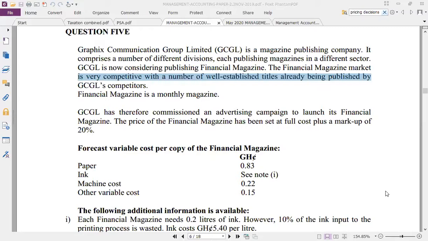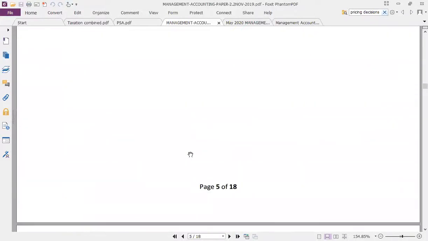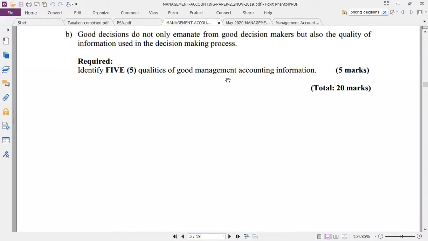Then it also does not consider future demand. Future demand is not taken into consideration. That is what we can tell the examiner.